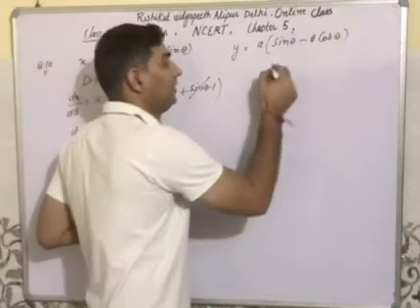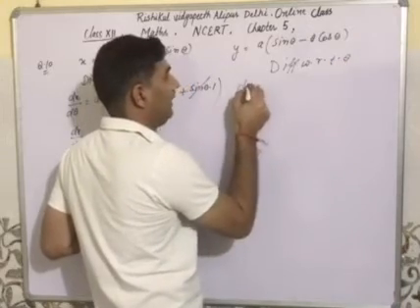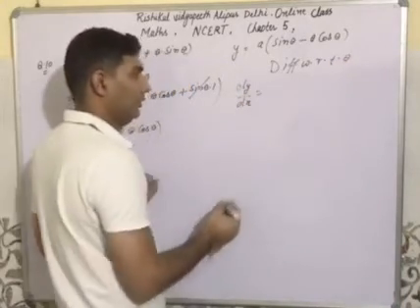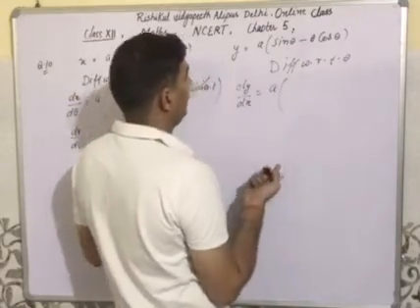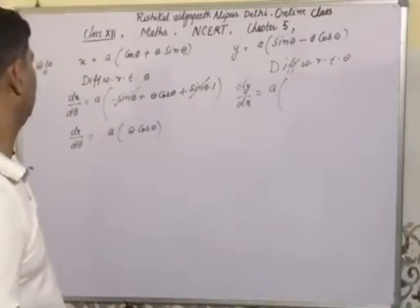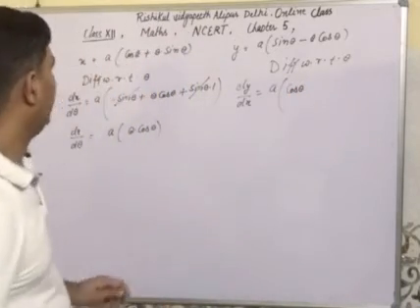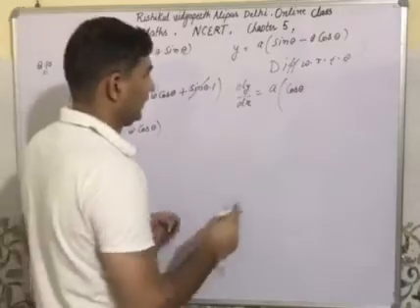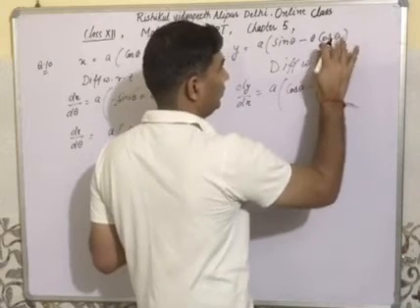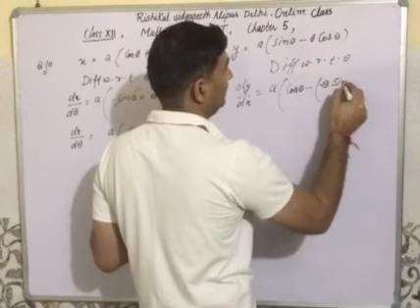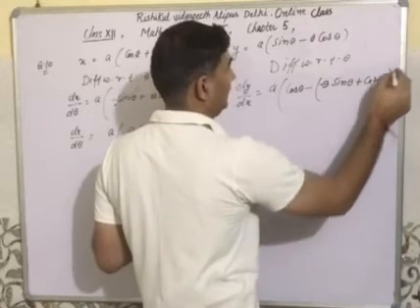And then differentiate this with respect to theta. dy by d theta is equal to a constant, then the derivative of sin theta is cos theta, and then use the product rule, theta as it is, the derivative of cos theta is minus sin theta, plus cos theta as it is, and the derivative of theta is 1.